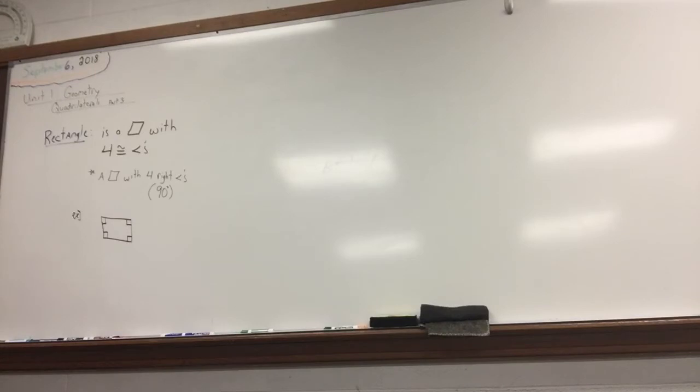Everybody with me? We could also say it's got perpendicular sides. Perpendicular means intersecting to form a right angle. The way that I would say that is adjacent sides are perpendicular, adjacent meaning the ones next to each other meet at a 90. So, a rectangle: the only thing we need to know is 4 right angles. That's it. Done. Questions on that?